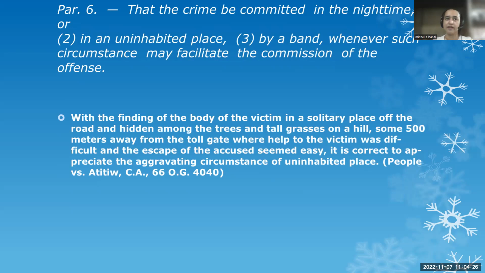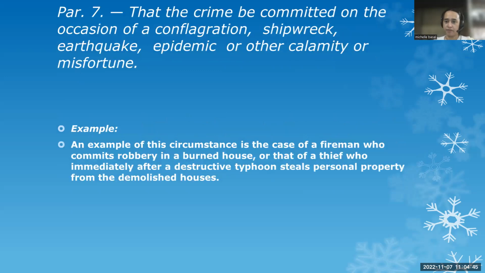That's why if, for example, there are victims of rape in such places, there's also an aggravating circumstance of an uninhabited place. So again, the penalty could be higher because of the presence of the aggravating circumstance.